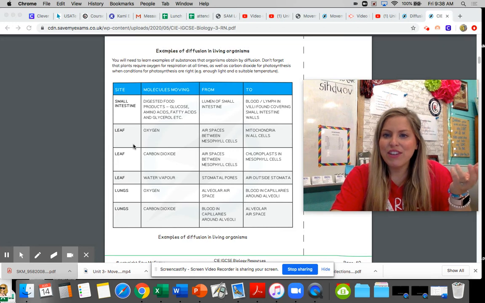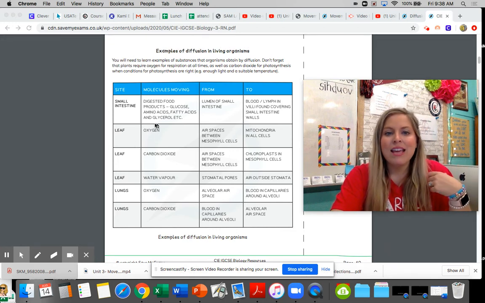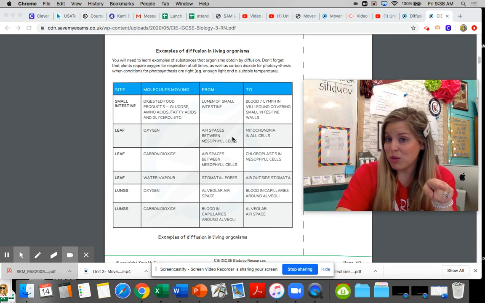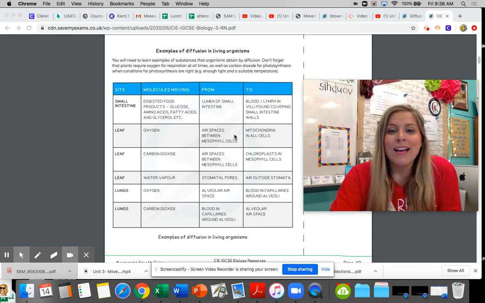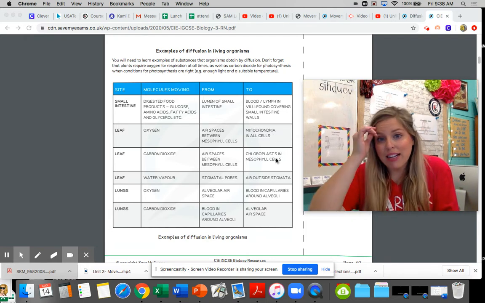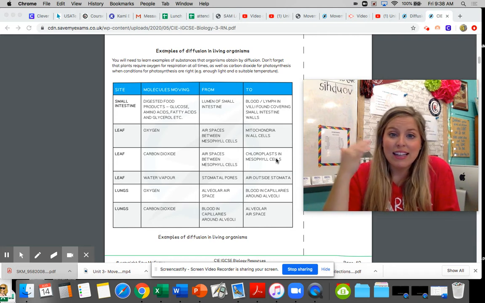The leaf is a very important structure for plants. This is where oxygen, which is their waste product once photosynthesis has occurred, leaves from the air spaces between the mesophyll cells. We're going to learn these are called guard cells. It's on your specialized cells worksheet that y'all did last week. And ultimately it gets oxygen to the mitochondria in all of our cells.